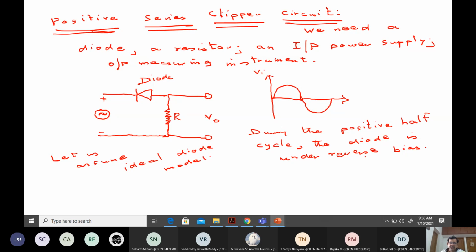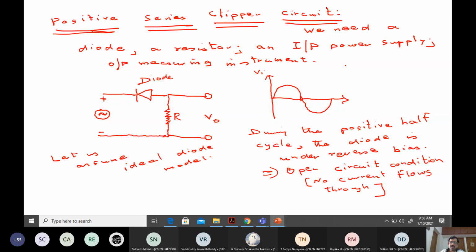During the positive half cycle, the diode is under reverse bias. In other words, it is an open circuit condition. No current flows through. So in the positive cycle, no current flows through.